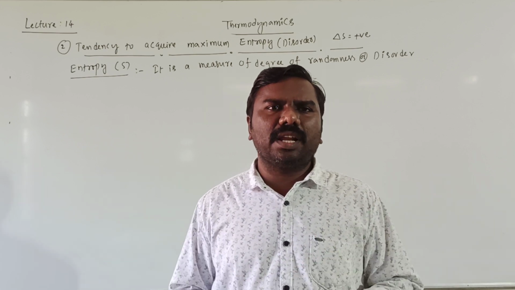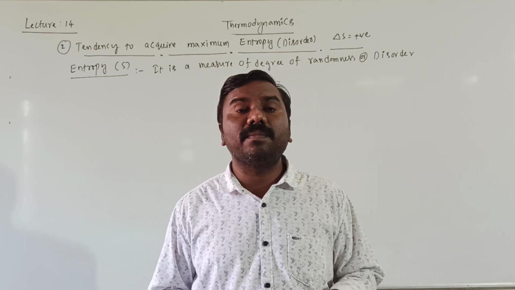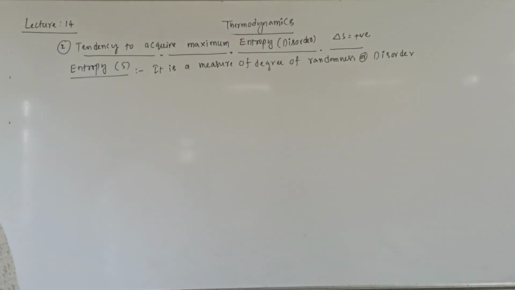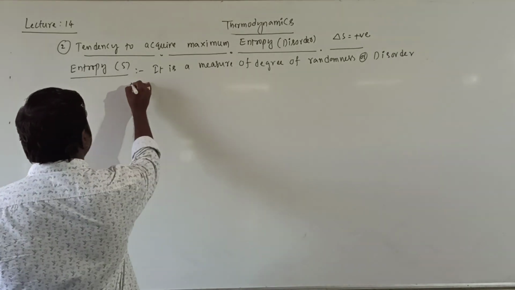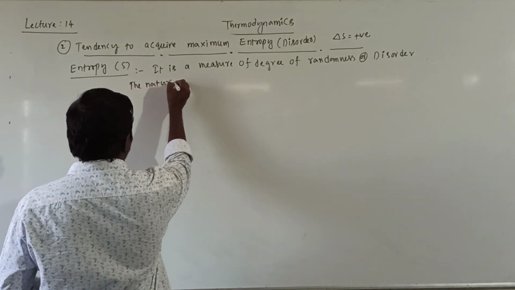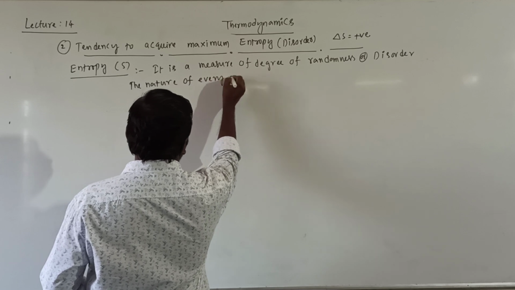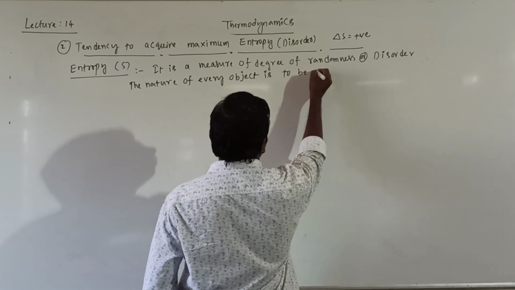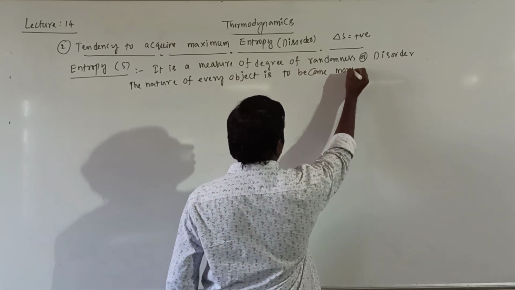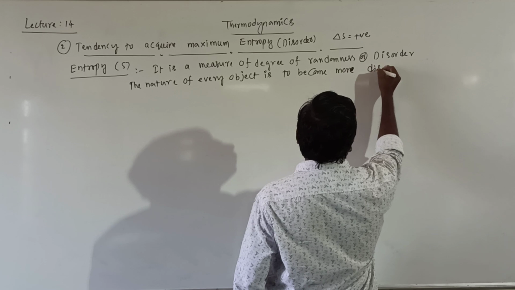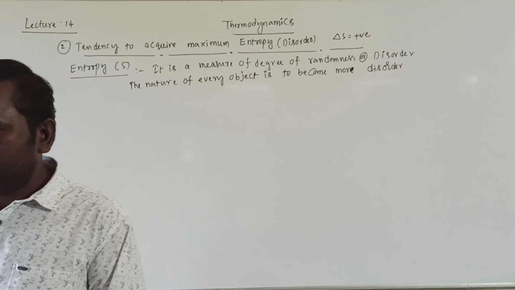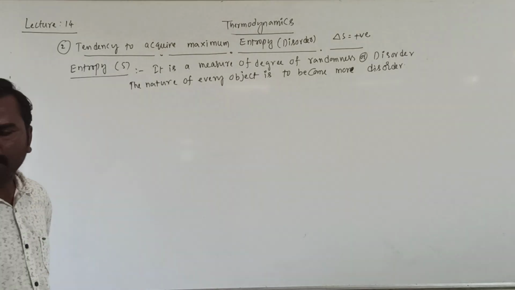So in nature, every substance is trying to become disorder. Clear? So disorder increases, S value is more positive. The nature of every object is to become more disorder. It means more randomness. Randomness increases, so it means spontaneous.